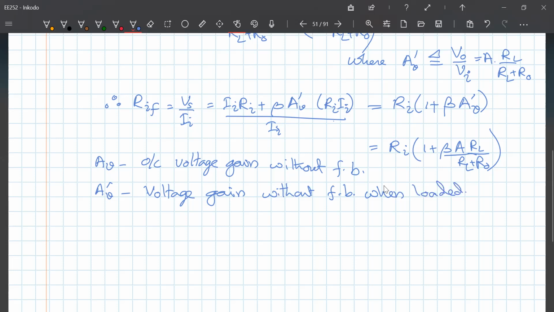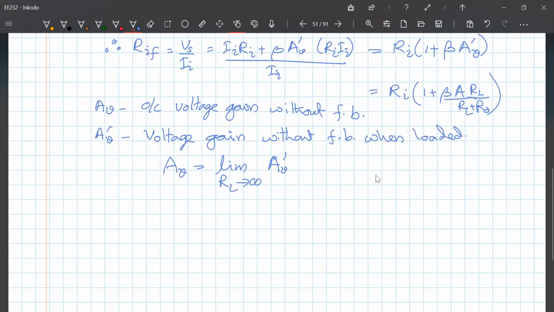Right? So if you remove the load, AV dash is basically the limit of RL going to infinity of AV dash. So AV dash will approach the value of the open loop gain when the output is not connected.